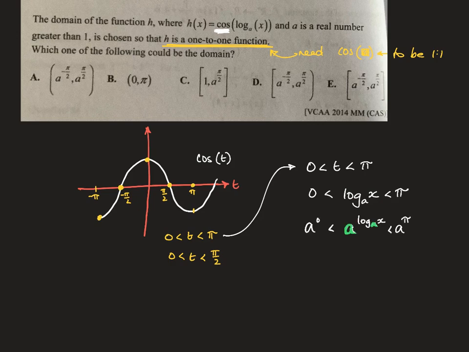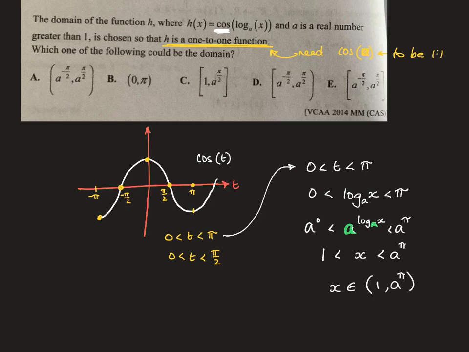And I did that so that we can use this inverse relationship here in the middle to pop the value of x out for us. So a to the 0 is 1 and a to the pi is still a to the pi. So what we've got here is a domain where x is an element of the open domain, so it's not including 1 and it's not including a to the power of pi.